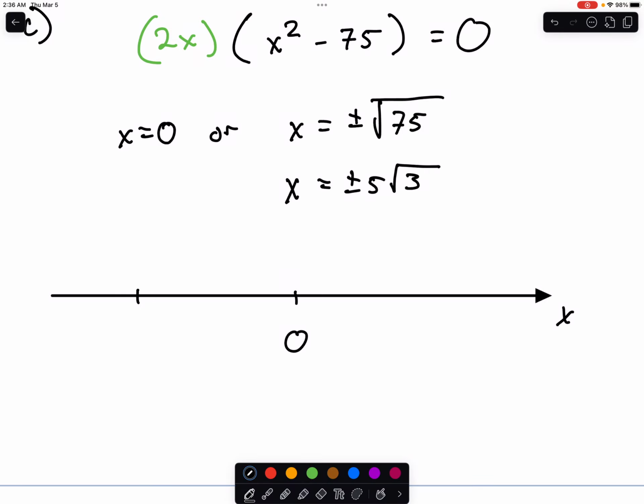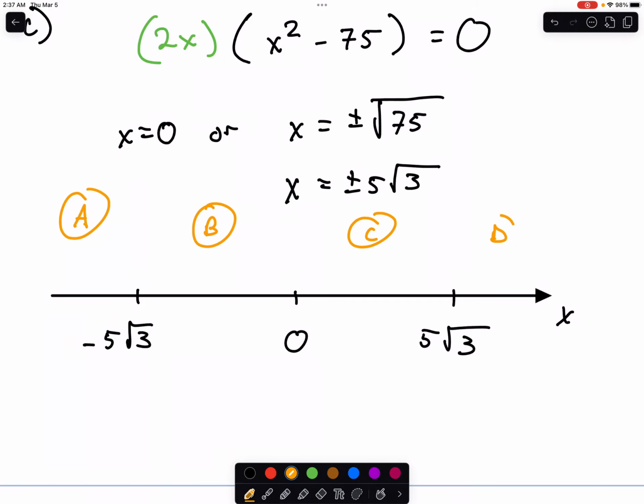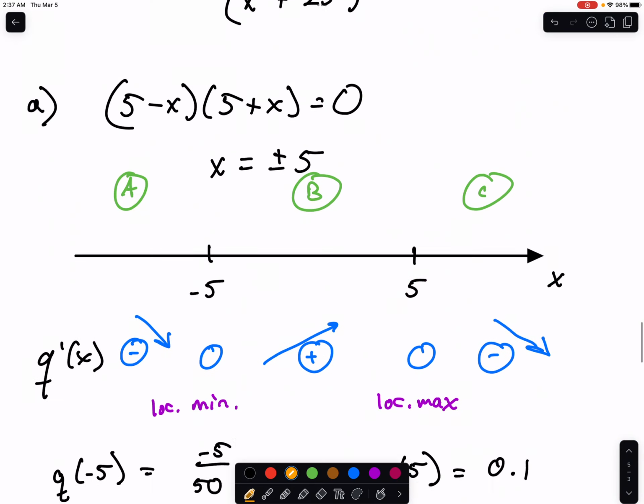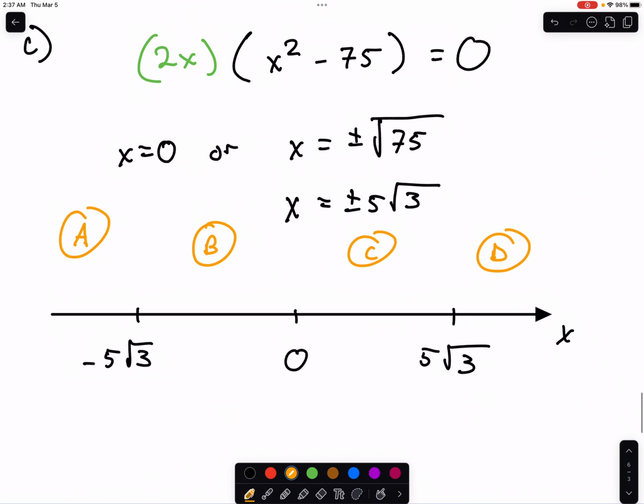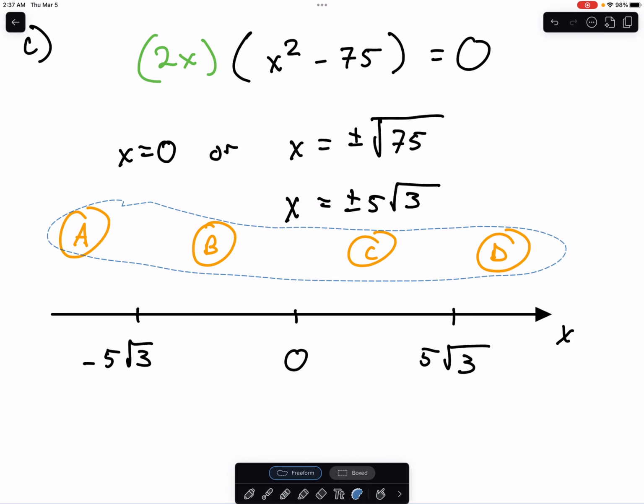Here's our negative 5√3. Here's our positive 5√3, right? So this breaks the number line up into 4 regions. We got region A, region B, region C, and region D. Let's just do green. I'll try to be consistent with my colors. Doesn't really matter.